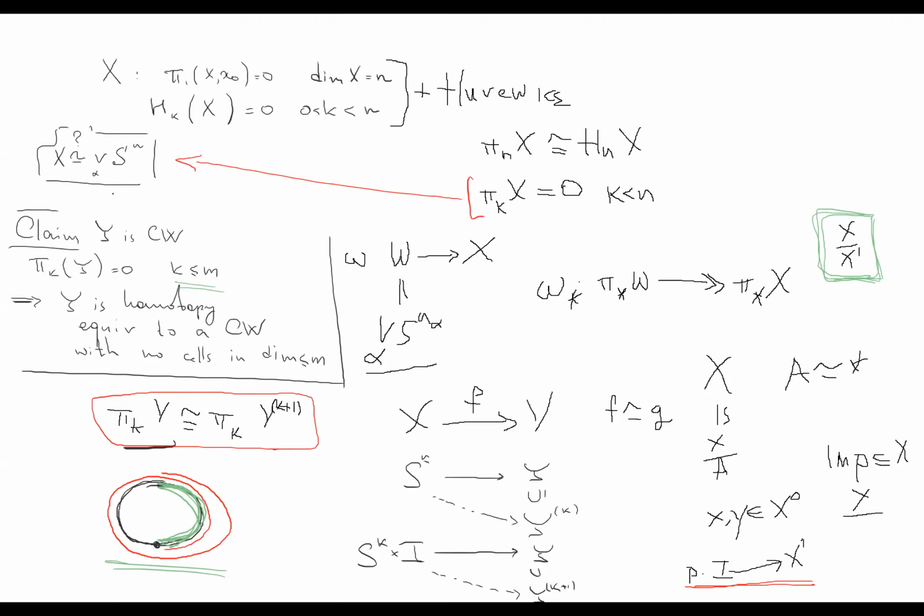We already know that we can suppose that Y has exactly one 0-cell.